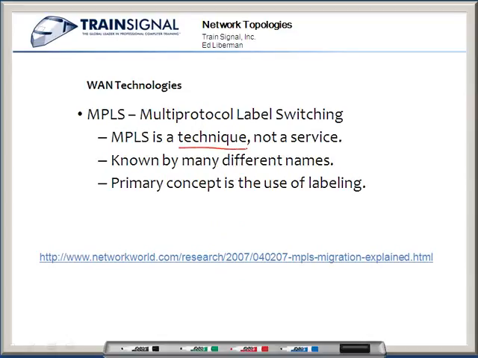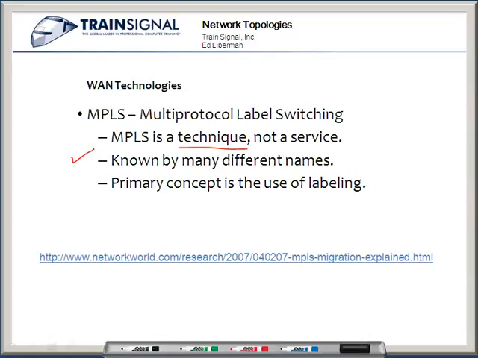It's more of a process of how WAN communication can take place. Because of this, it can be known by many different names. Different carriers are going to implement the MPLS technique, but then assign it some other marketing related name, because MPLS is not an actual technology.